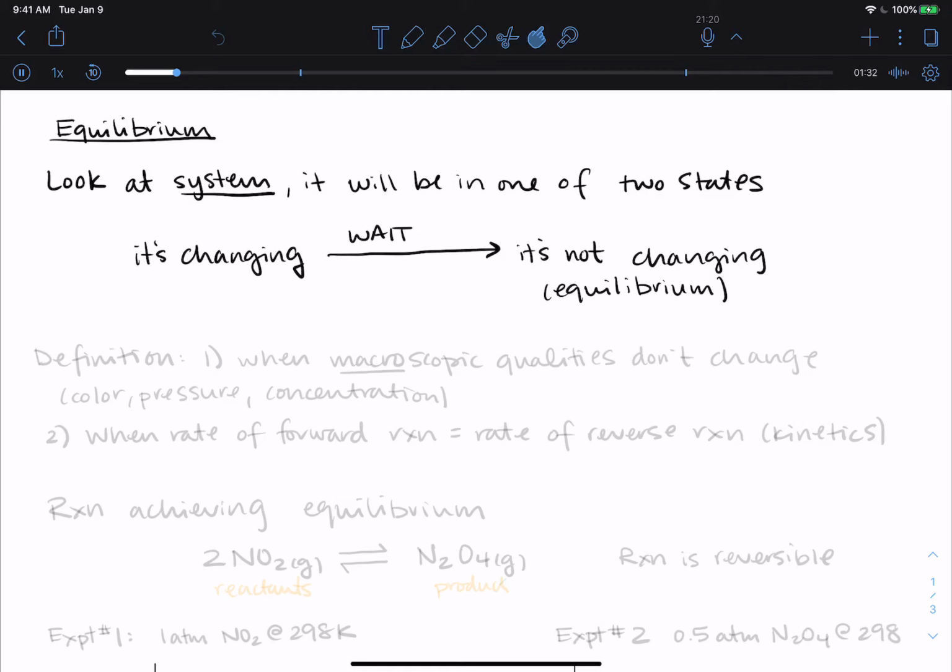So in official definition terms, equilibrium is when macroscopic qualities of the reaction don't change. And so the macroscopic qualities that we're talking about are things like color, pressure, or concentration.